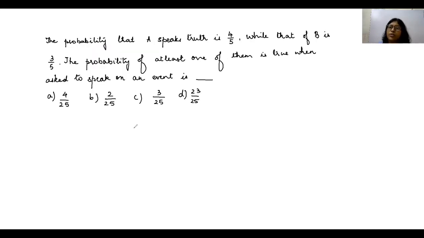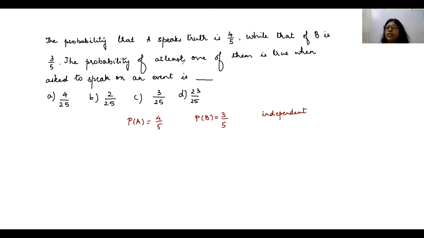A probability question. Probability A speaks the truth, so we'll write P of A is 4 by 5. For B it is given 3 by 5. So we know that this is a kind of question which is independent events.